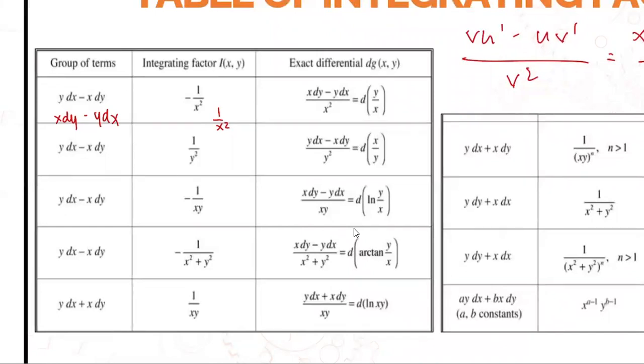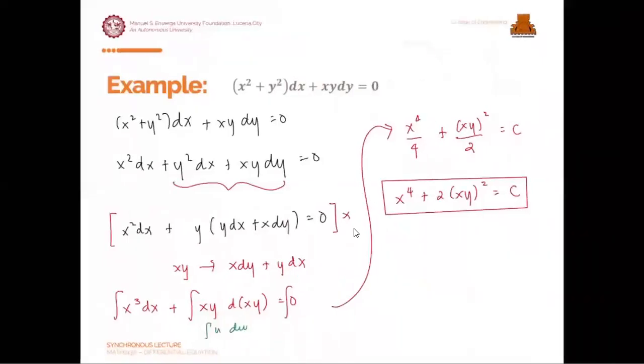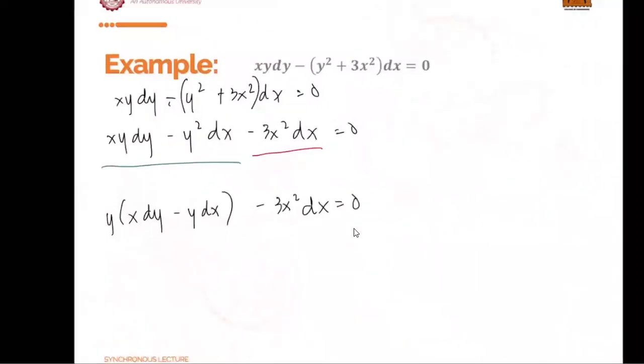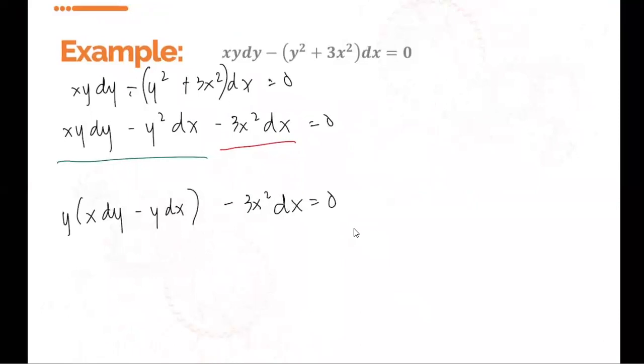Okay? So, ibig sabihin, para magkameron tayo ng differentials ng y over x, kailangan yung x dy minus y dx natin, mamultiply natin ng 1 over x squared, para makuha natin yung exact differential ng y over x. Okay? So, multiply natin yung whole equation natin by 1 over x squared.